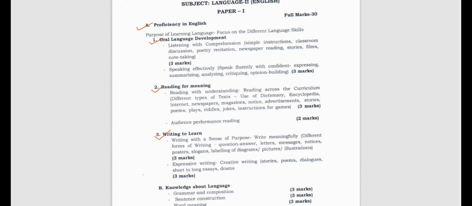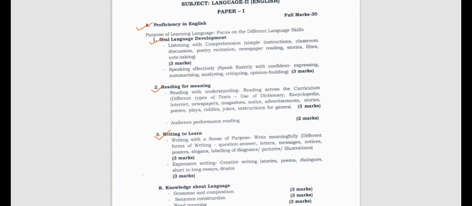So oral language development, this one I already explained in the language 1 video also. Here we will learn about speaking, the words, the pronunciation, the audio, the mouth, right? So what do you understand by oral? We have got oral exams tomorrow. It means something which does not need a pen and paper, which has to be said verbally, in a verbal manner.